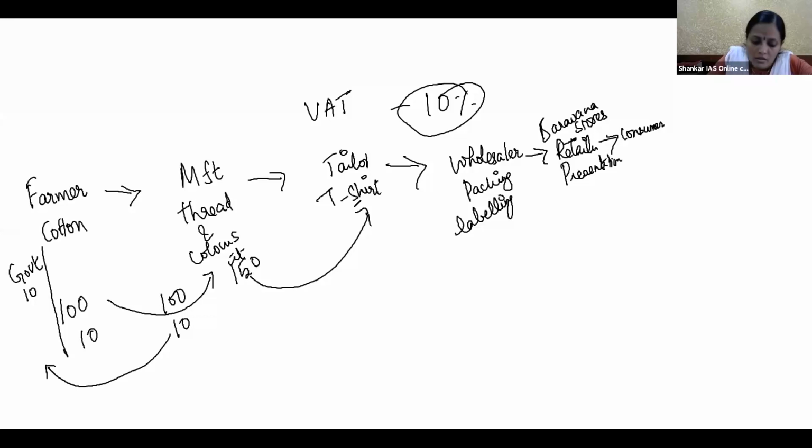Right? So the tailor has to pay 150 rupees to the manufacturer and 15 rupees as the 10% value added taxation rate to the manufacturer. Now the manufacturer has to take that 150 rupees to himself and pay that 15 rupees to the government.